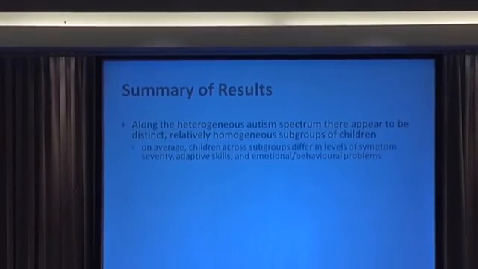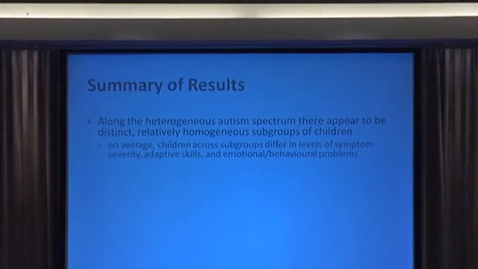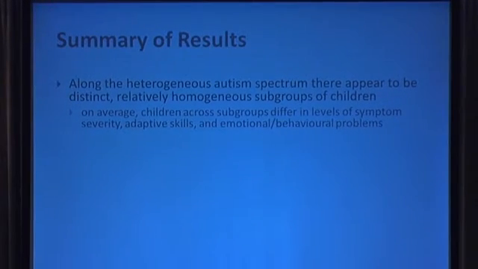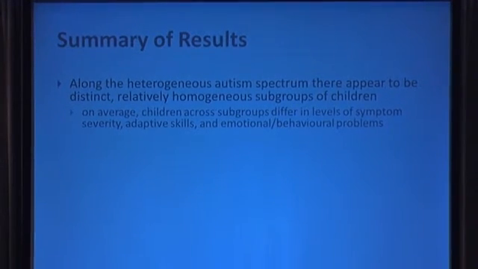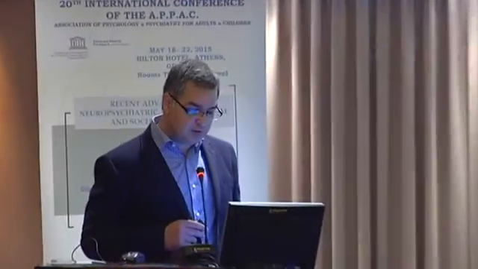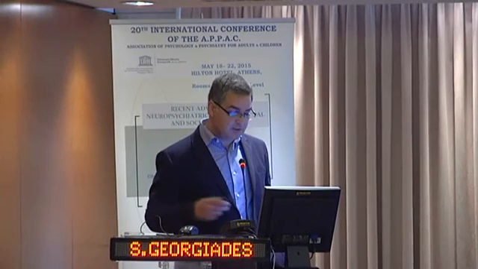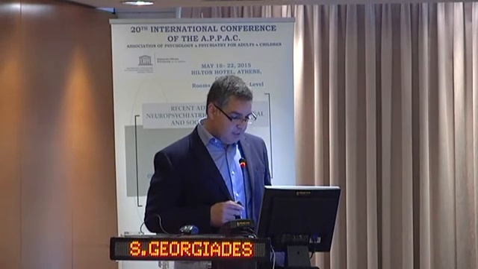So what do these results mean in general? Along the heterogeneous autism spectrum, there appear to be distinct, relatively homogeneous subgroups of children, and on average, these children differ in terms of symptom severity, adaptive skills, and emotional behavioral problems. We've shown that the underlying structure of the autism symptom phenotype changes as children grow and develop.